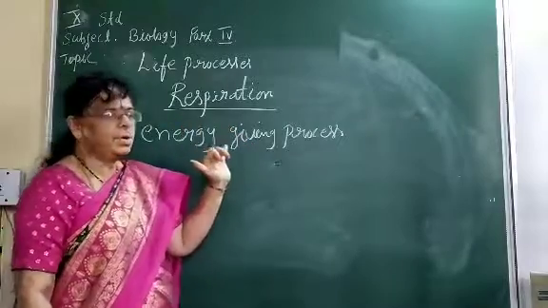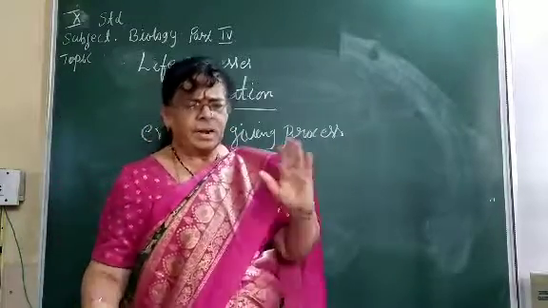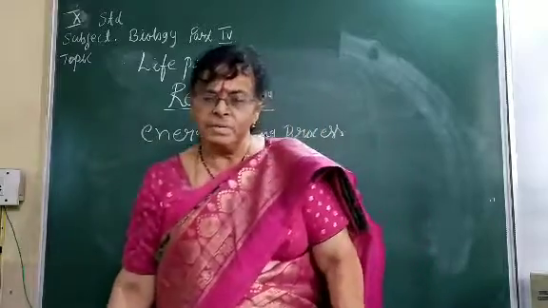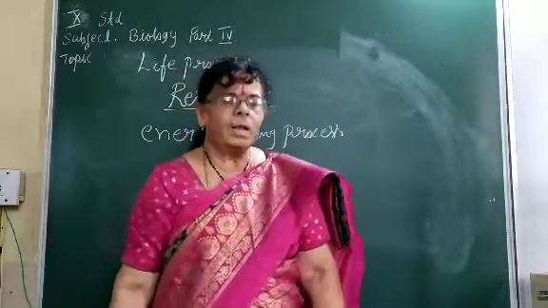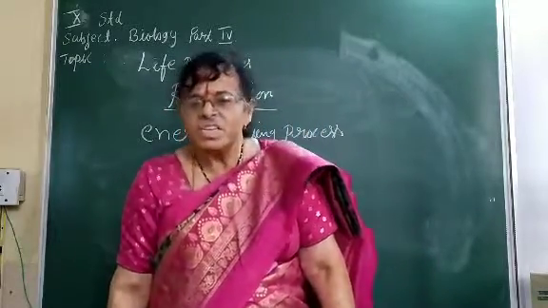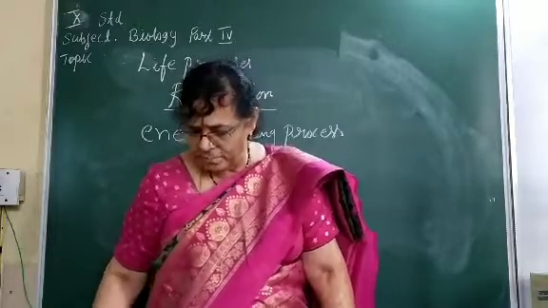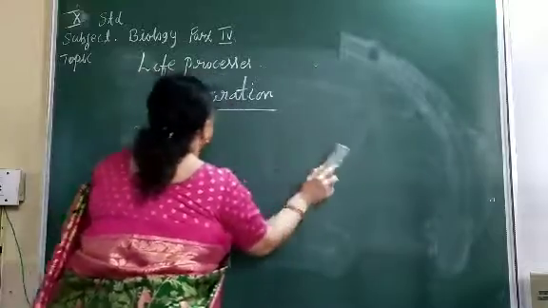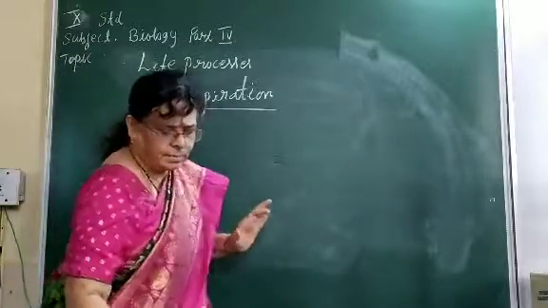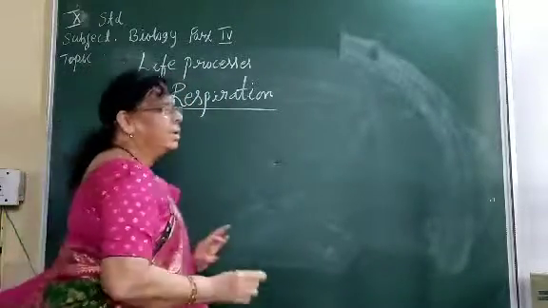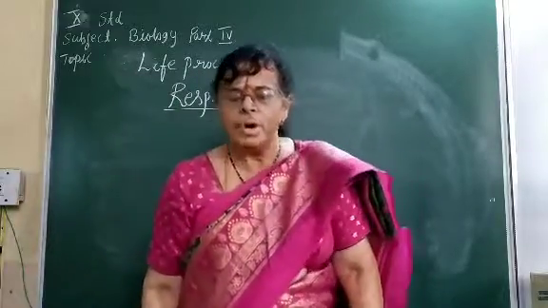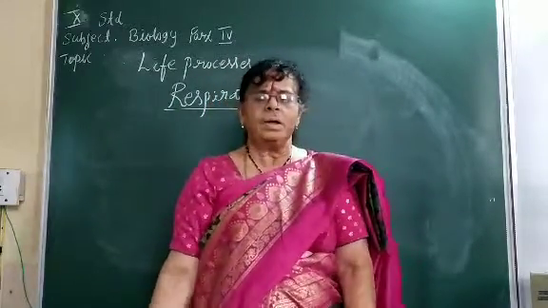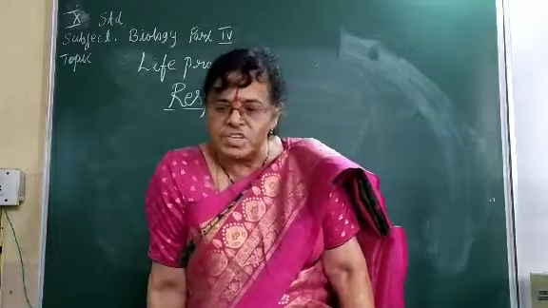Now you are going to learn that there are different pathways by which organisms get oxygen for respiration. There are organisms which have to continue their process of respiration by taking in oxygen.